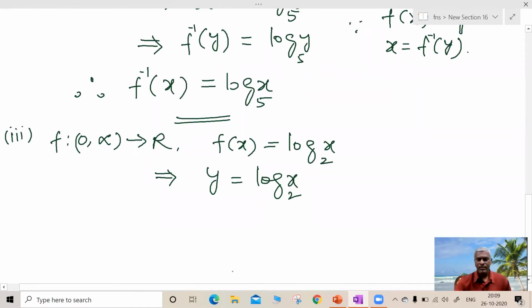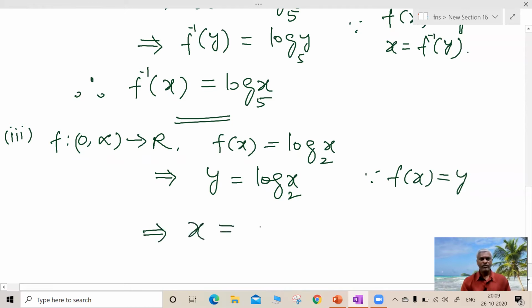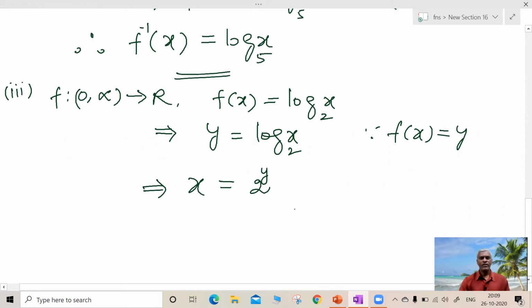Next, here, since f of x is equal to y, from this x is equal to 2 power y, by logarithm properties. So this is the x value. So the x value is nothing but the inverse function.